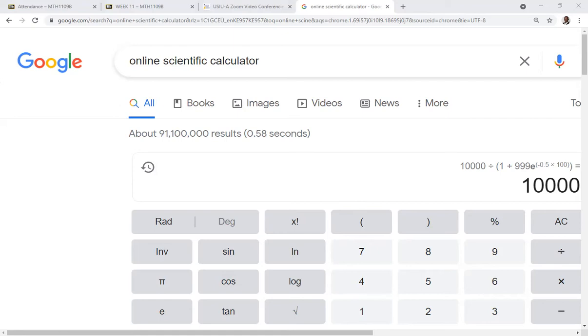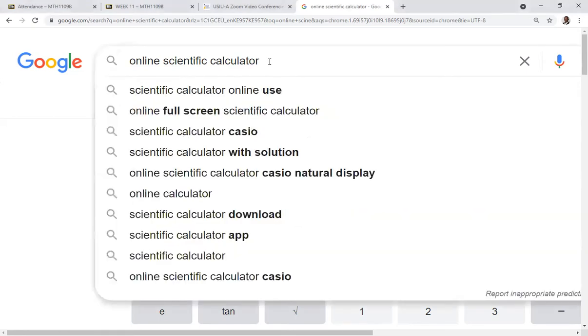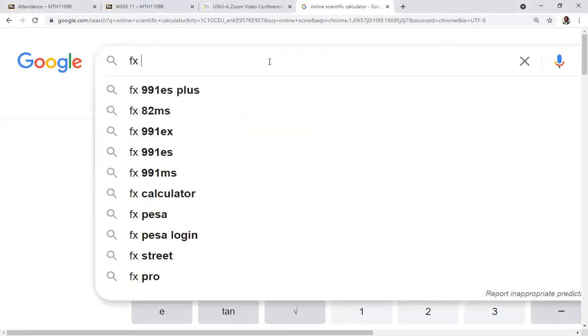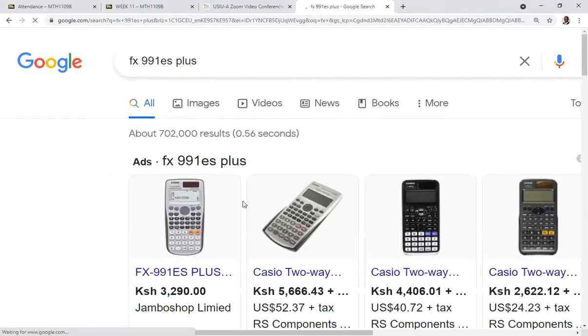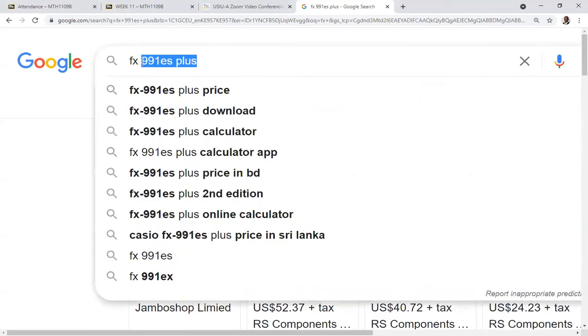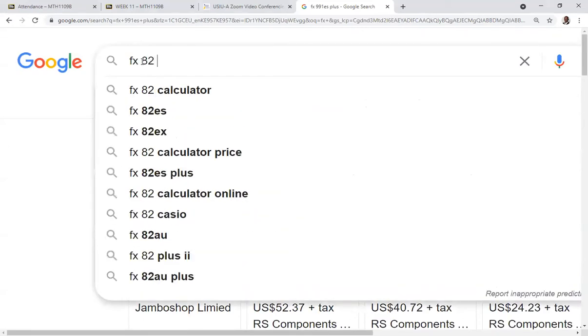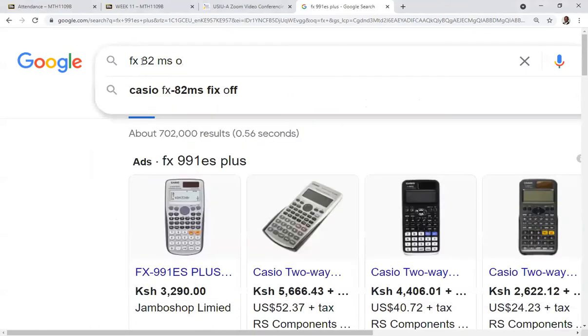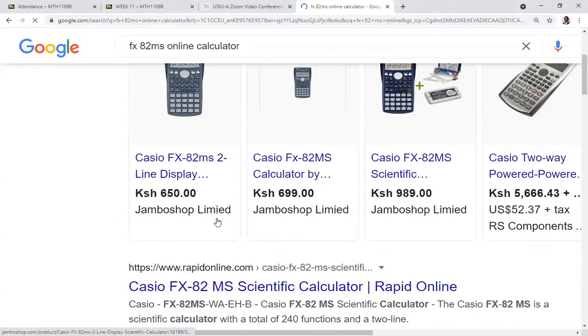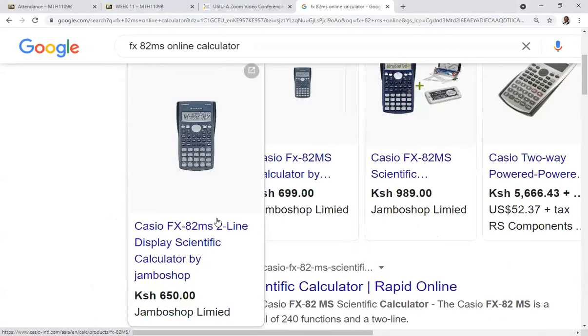You just share your calculator, then I'll show you the buttons to press. Okay. Let me see. FX 991. Mine is the FX82 MS. It's just giving me the.